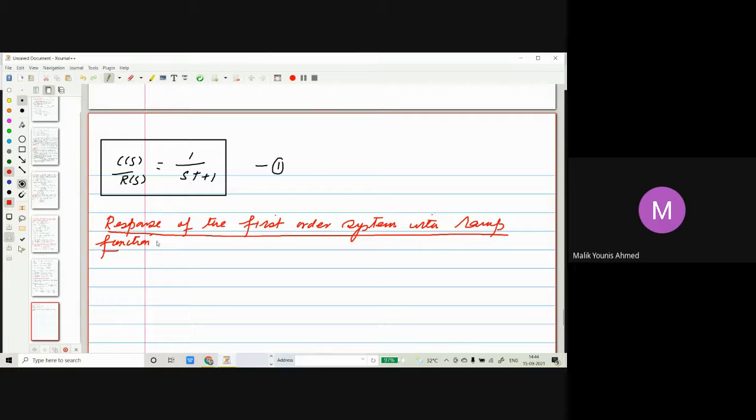Okay, since input is the unit ramp, that is R(S) is 1 by S square.